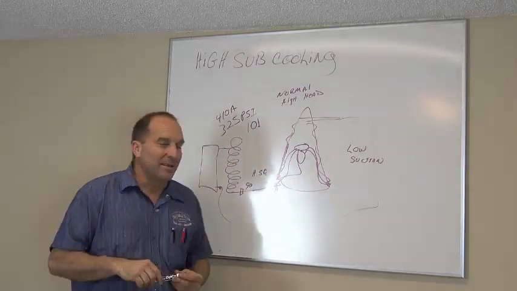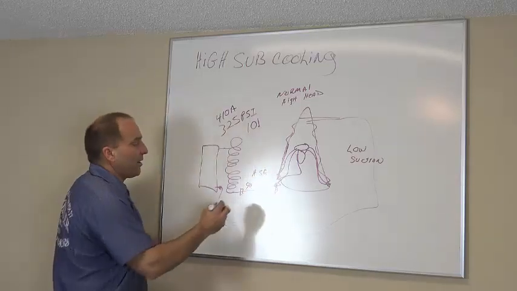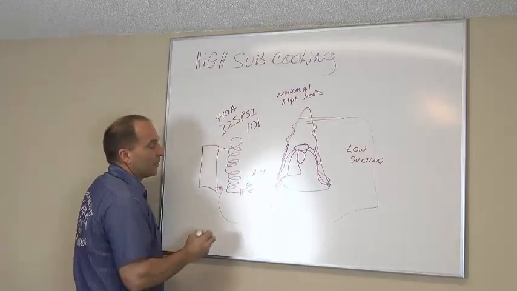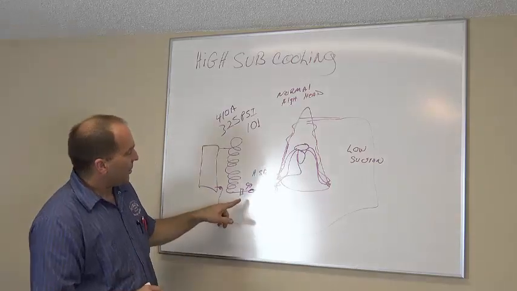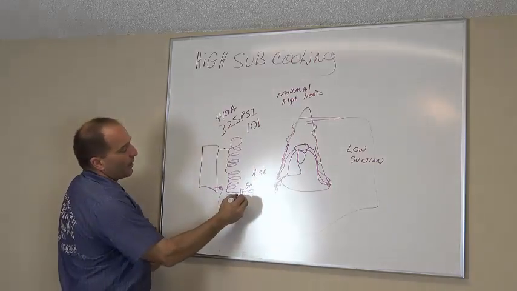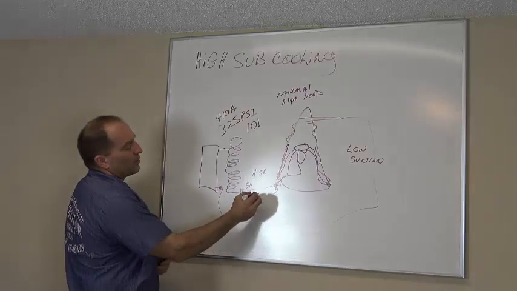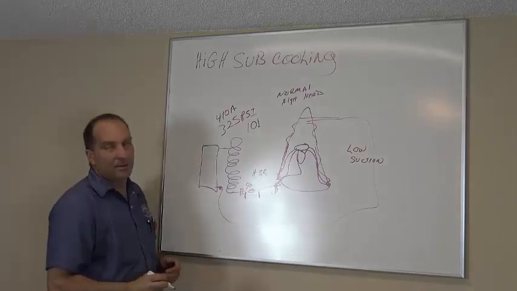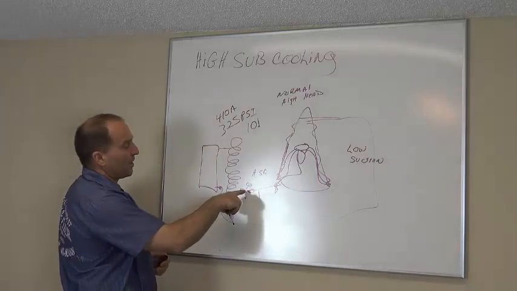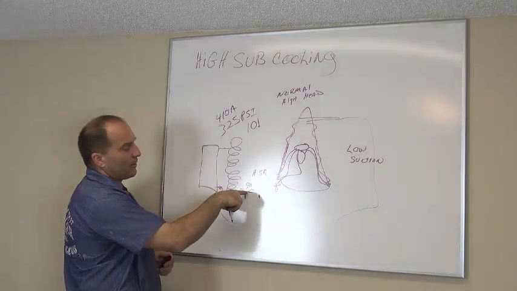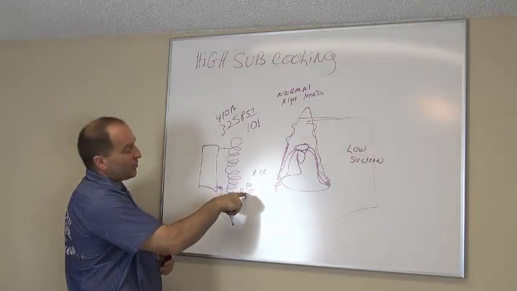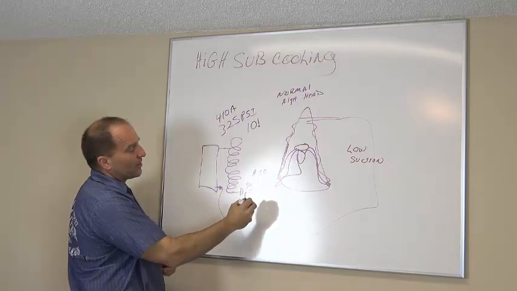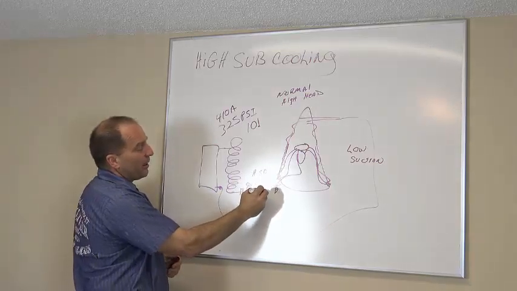Now you've got to think about this. If you have a restriction right here on your dryer, then on this side of the dryer it's going to be one temperature, and on this side of the dryer it's going to be another temperature. So let's just say I'm reading 90 degrees on this side of my dryer, and if my dryer is restricted, on the other side it may be reading 84.